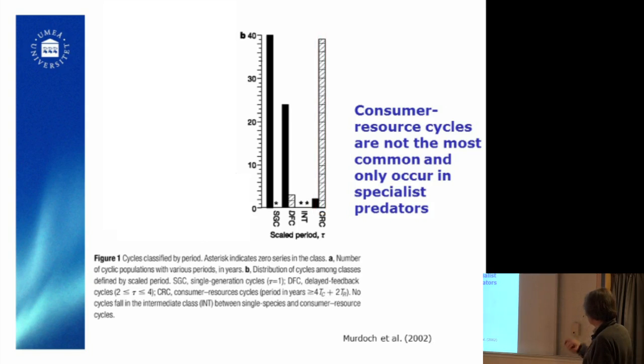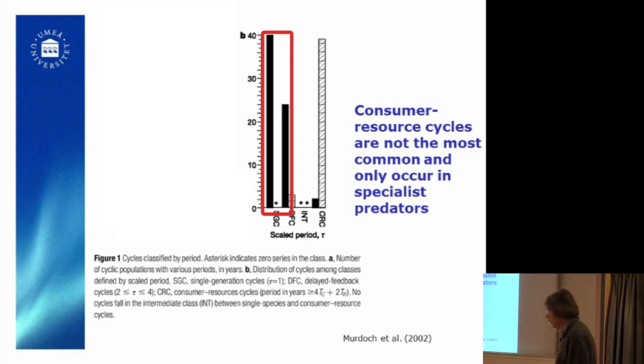This analysis of empirical data shows that these 2 types of cycles together are substantially more common than predator-prey cycles that totally dominate our thinking.